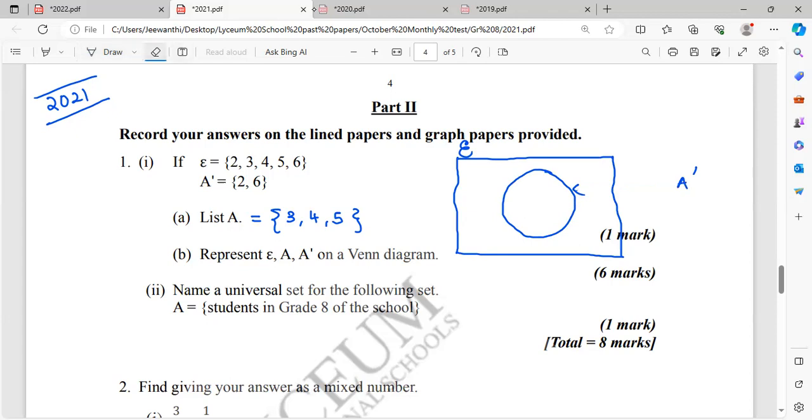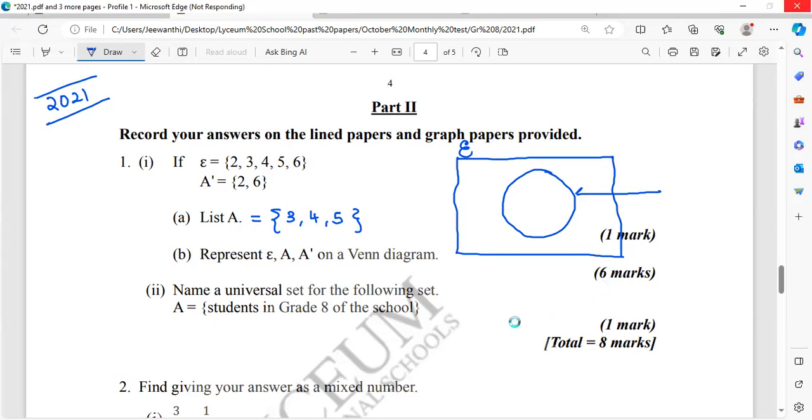Because they thought that since they have given the A dash, the circle should be A dash. No, you want to mark the arrow correctly, right? So the circle should be A. And inside the circle, you can write down the elements in the set A, right?